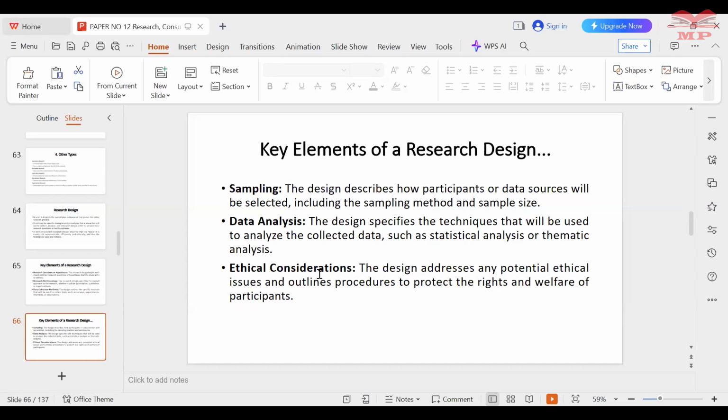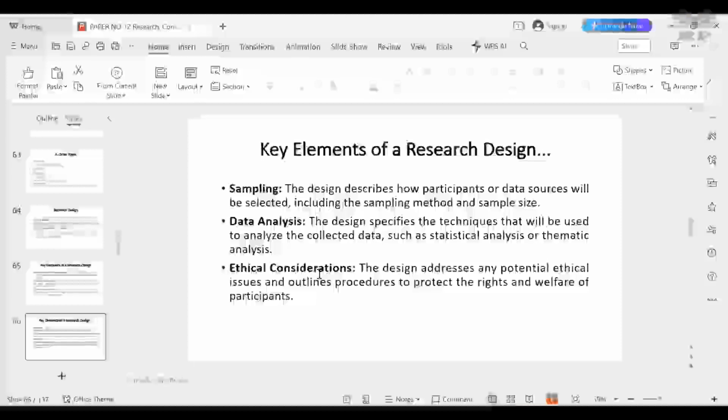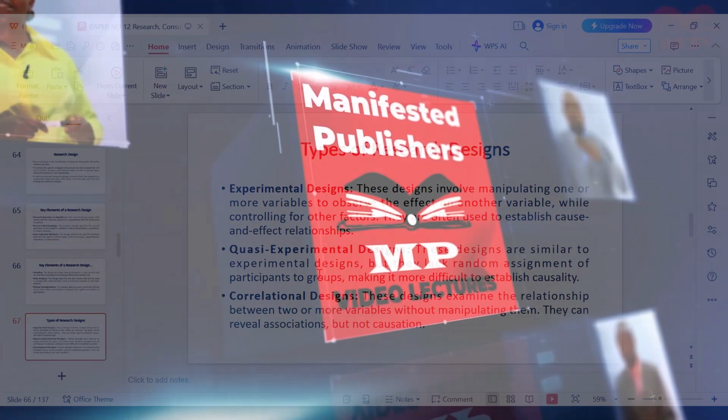Then you might be required also to get the NACOSTI permit. All research that is being done in Kenya must have a certificate from NACOSTI. So this is how serious the aspect of ethics and integrity is being handled when it comes to issues of research.